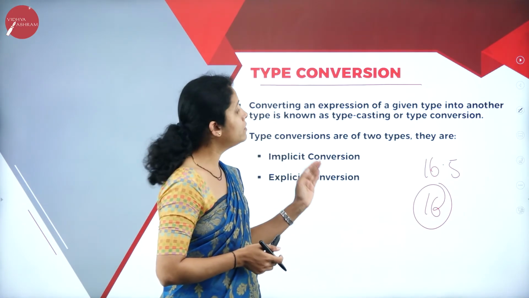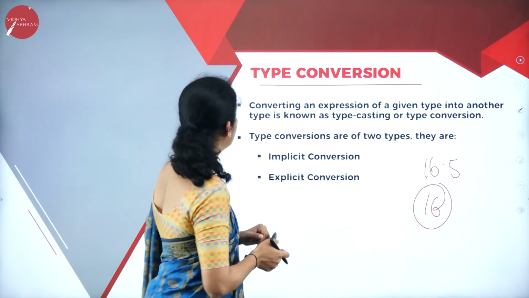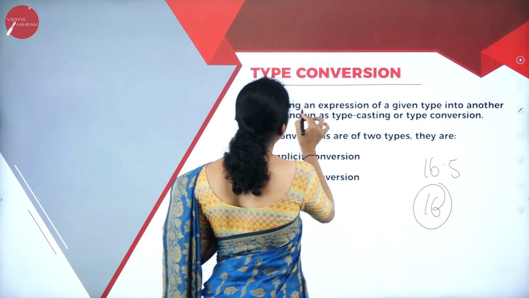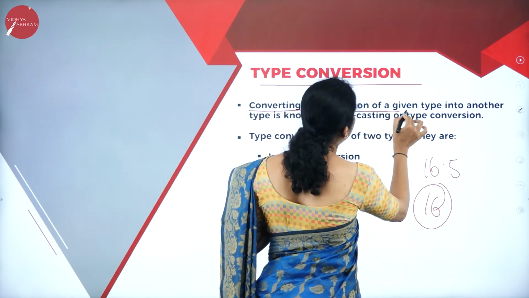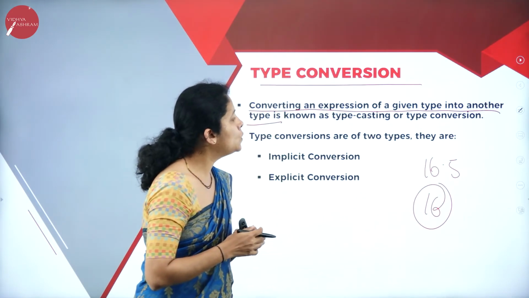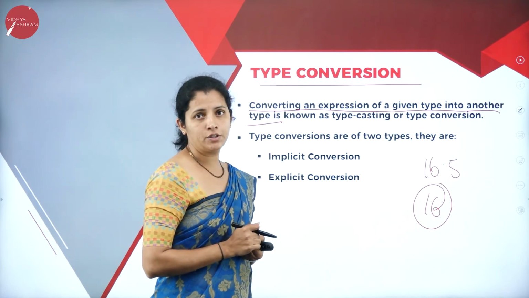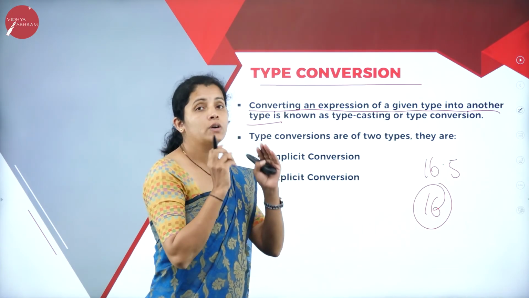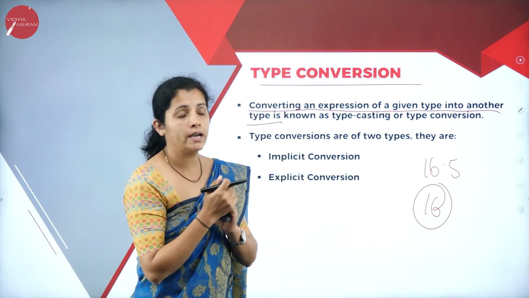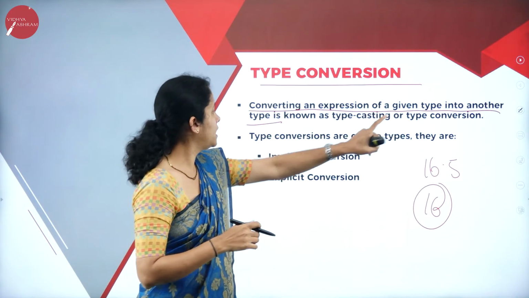That means I want to convert one data type into another type, and that is called type conversion. So converting an expression of a given type into another type is known as typecasting or type conversion.